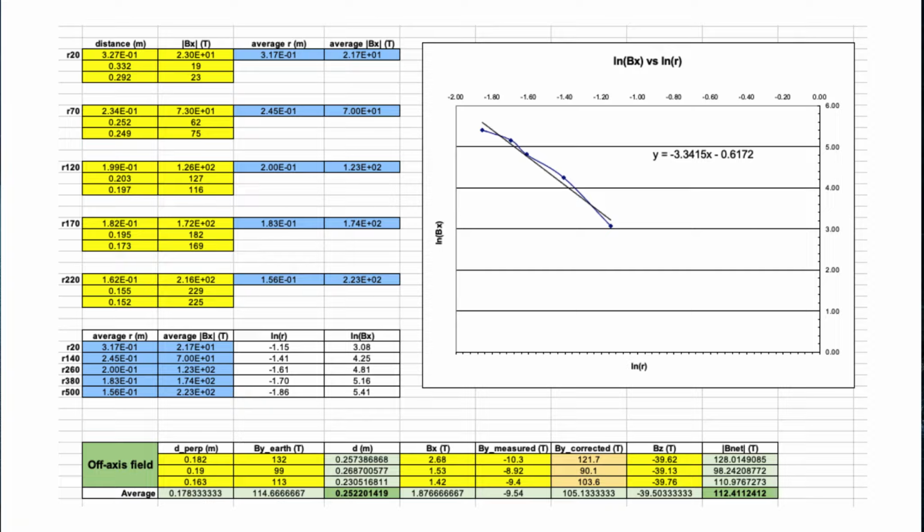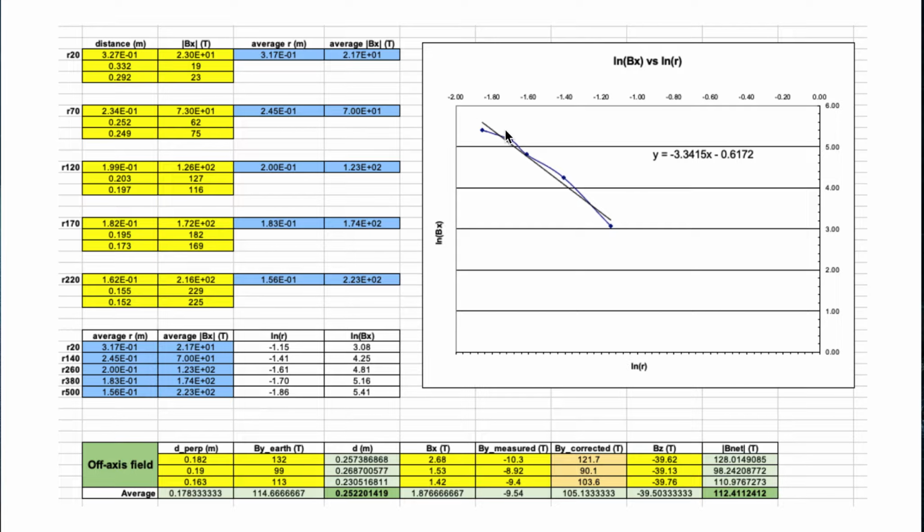And here is our Excel spreadsheet of the data that we found. We started with finding 20 microteslas in the x direction and measured the distance and the magnitude of the x that was given.